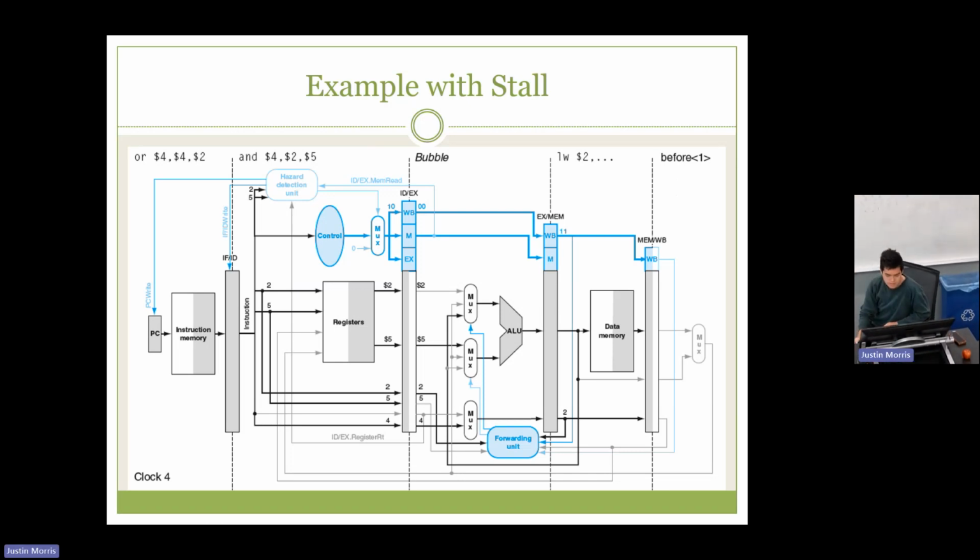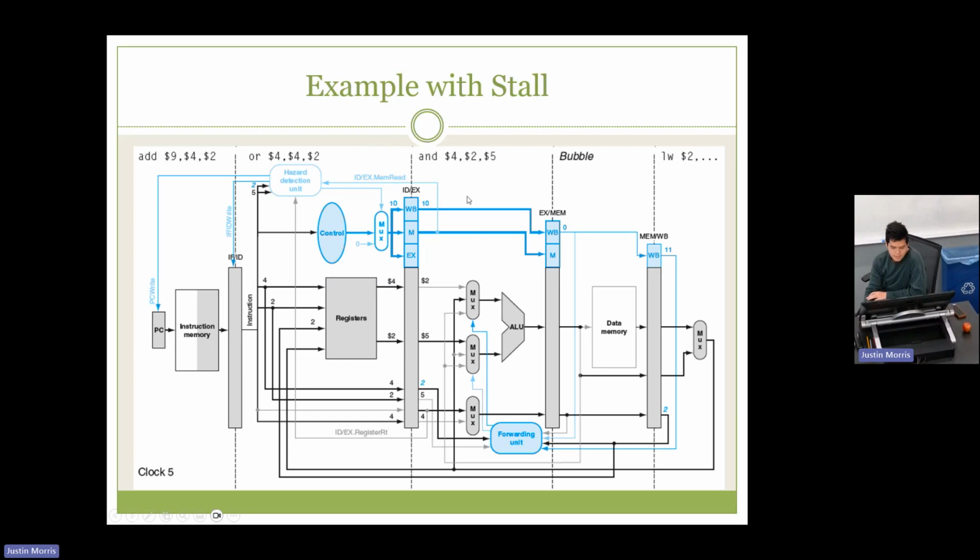By redoing decode. So we redo decode, redo fetch. And then when we're in execute, we can forward the value from this register. And then we can execute normally.